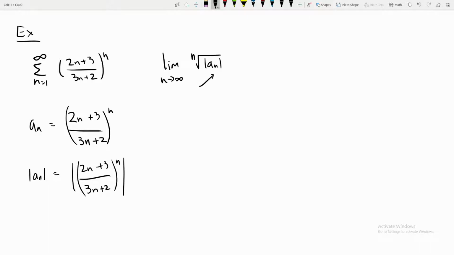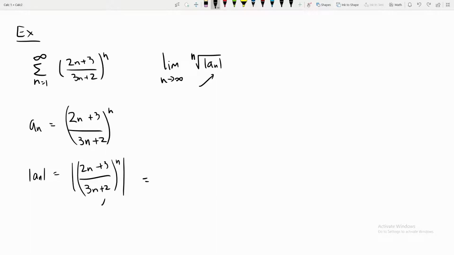However, as you can see over here, because n spans from 1 to infinity, n is always going to be positive, so both the numerator and the denominator are going to be positive because there are no negatives. 2 times a positive is still a positive, 3 times a positive is still a positive, and then we're adding 2 positive values.